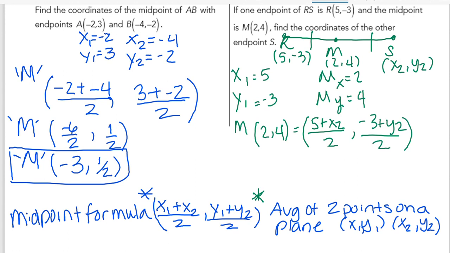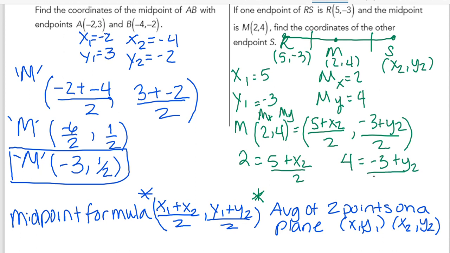So now we can make two separate formulas, one for the M of x and one for the M of y. So you're saying that 2 equals 5 plus x2 divided by 2, and 4 equals -3 plus y2 divided by 2, and then we just solve for the variables.